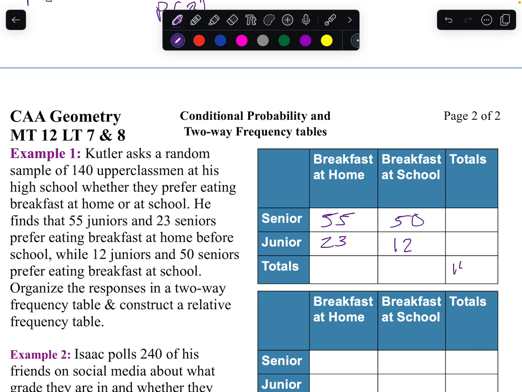And so now I'll fill that in with my relative frequencies. So we're going to say 55 divided by 140. I'll get 0.39. And then 23 divided by 140, we get 0.16.